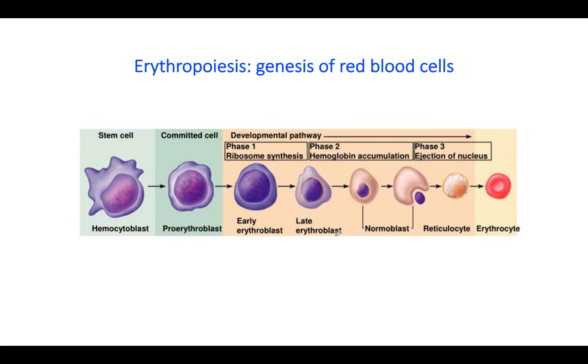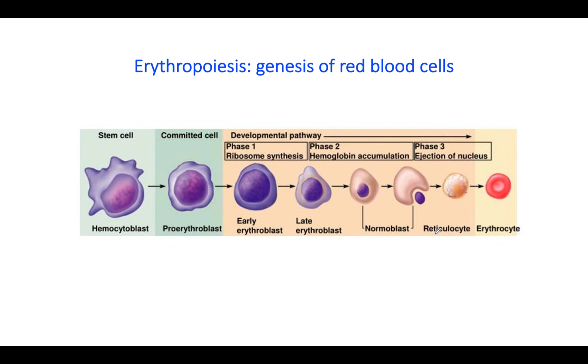When you look at late erythroblast, hemoglobin is filled in the cell, then the nucleus is kicked out of the cell to form reticulocyte. Now this nucleus is kicked out of the cell. And reticulocyte does not have a nucleus. Reticulocyte is filled with hemoglobin.